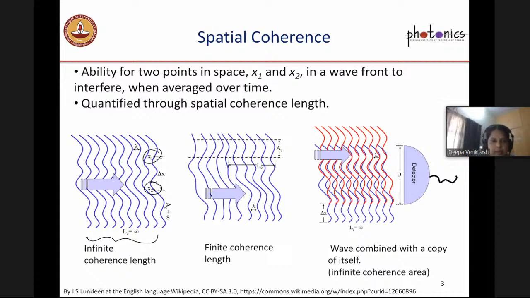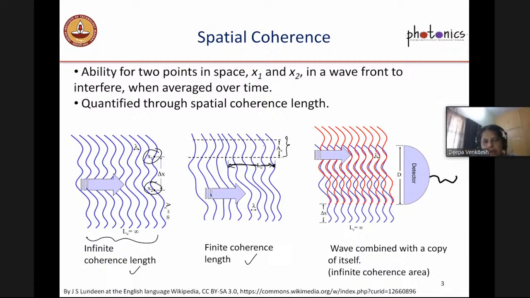Let me explain what I mean. Maybe we should look at the finite coherence length case. You have a point here in space, and you have another point in space. The wavefront shape remains the same over the coherent area. So that indicates the spatial coherence.